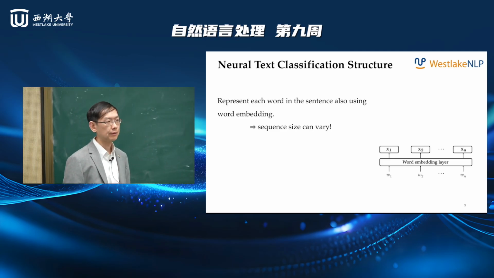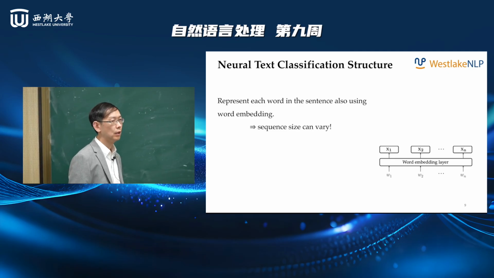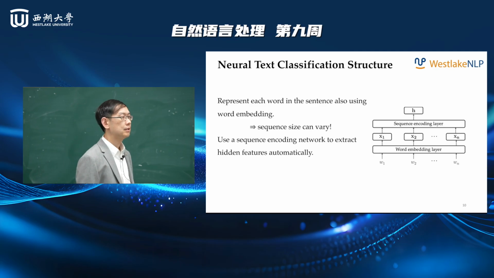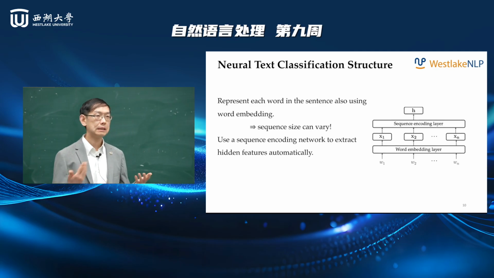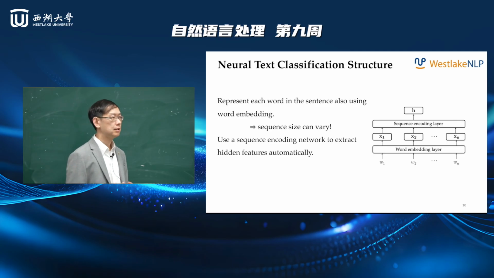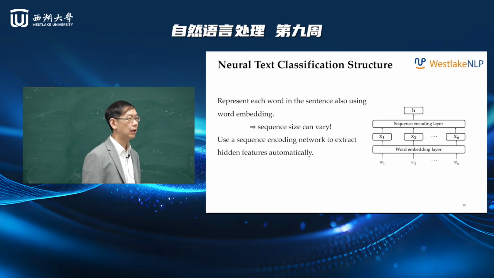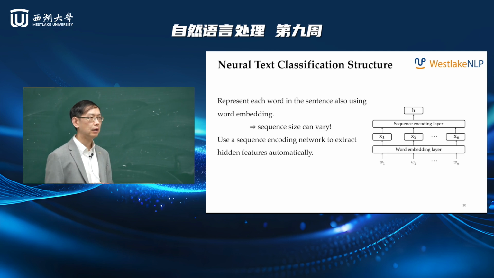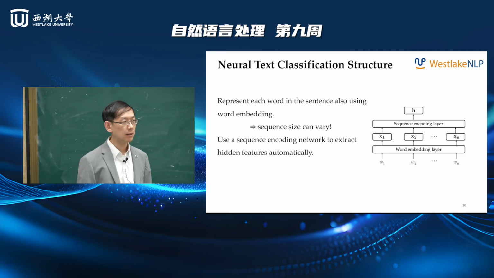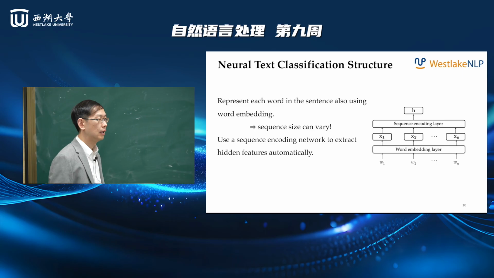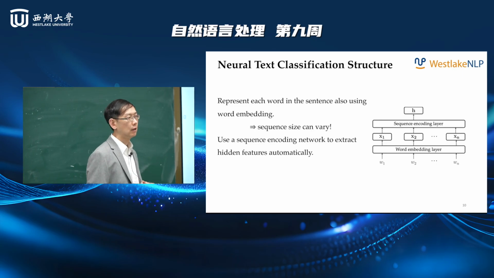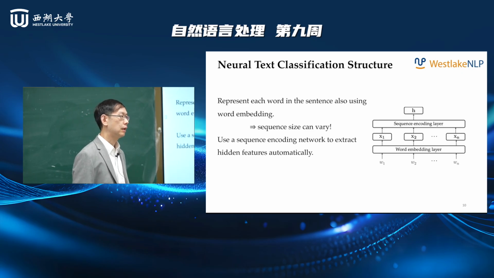So we need something else. What is this something else? It is a sequence representation layer which takes a sequence of embeddings and finds a single hidden representation. Well, you can define this hidden representation as 1,000 neurons, or 2,000 neurons, or 768 neurons, whatever you want.